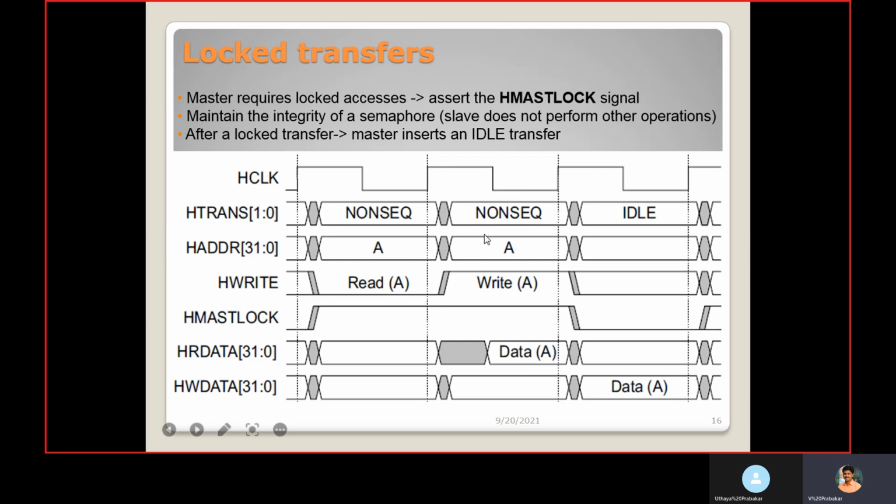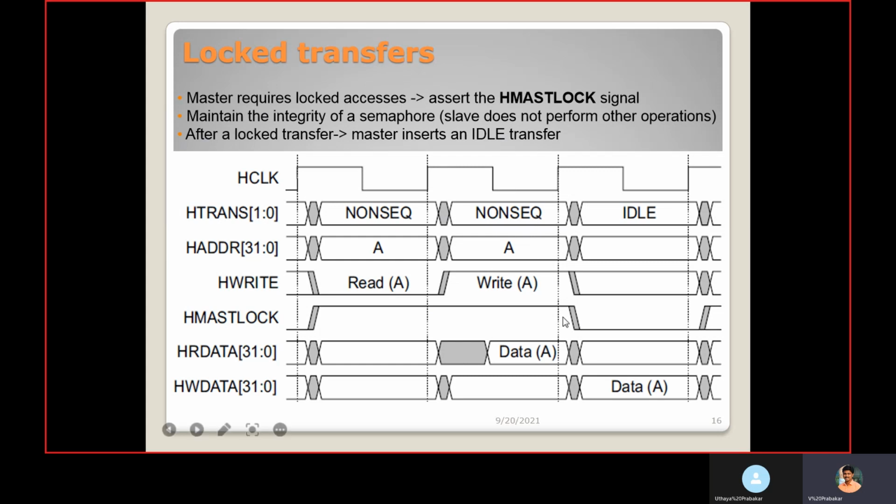Again for location A, I am going to perform write. So this is the address phase for this A, and in the data phase, in HWDATA, I am going to write the data. So that data will be loaded in the A location.